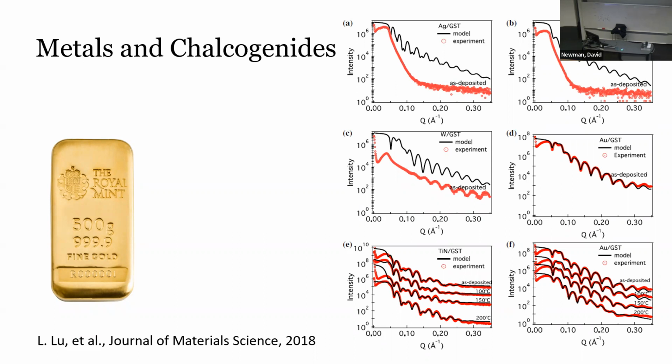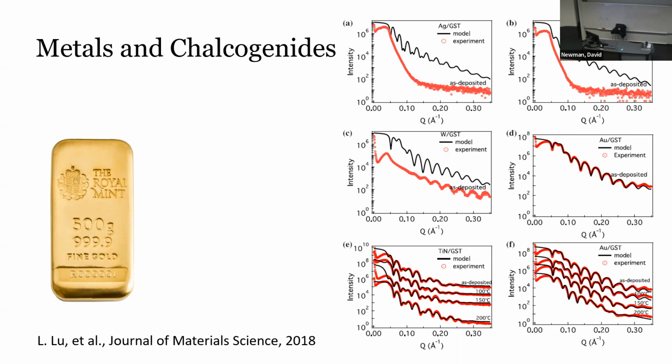And you see these very nice interference patterns. From this, you can work out the thickness of the material. You can also work out the density and how nice the interfaces are. If you see very nice oscillations, it means the interfaces are great. They're pristine interfaces. If you see no oscillations, it means the interface is very rough or interdiffused.